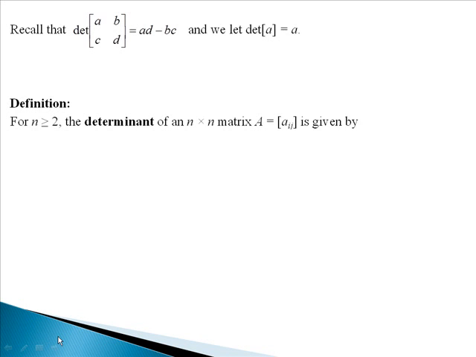Here's a definition. For n greater than or equal to 2, the determinant of an n by n matrix A equal to A sub ij is given by the following formula.